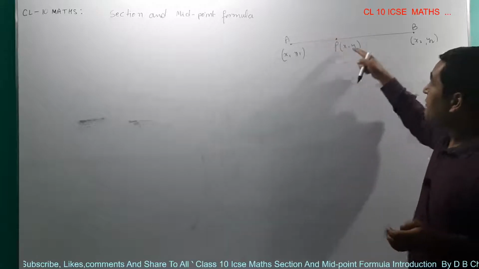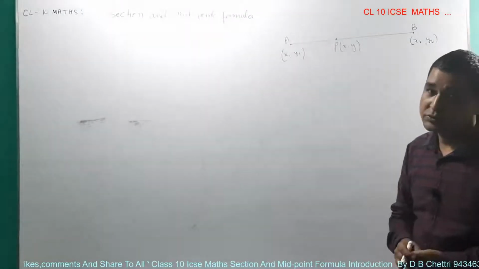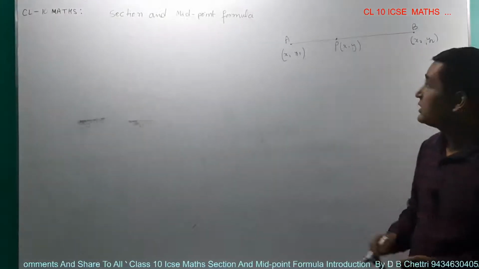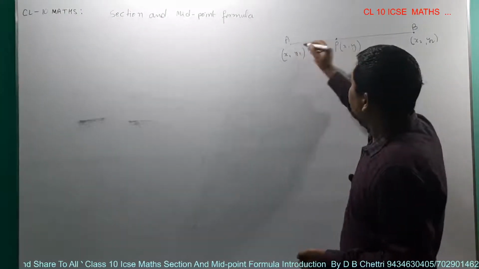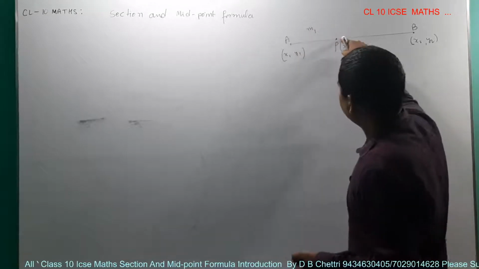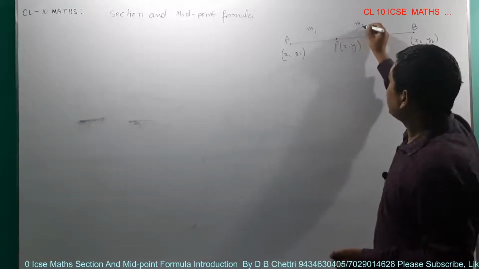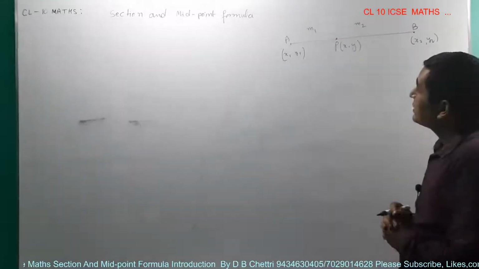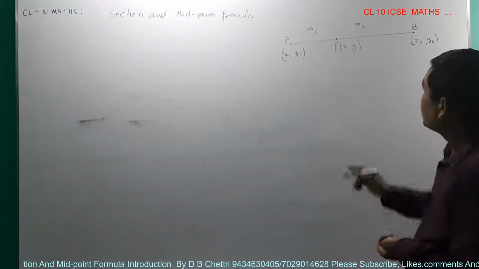A and B are divided by P in the ratio m1 is to m2. From A to P the ratio is m1, and from P to B the ratio is m2. This line is divided in some ratio.